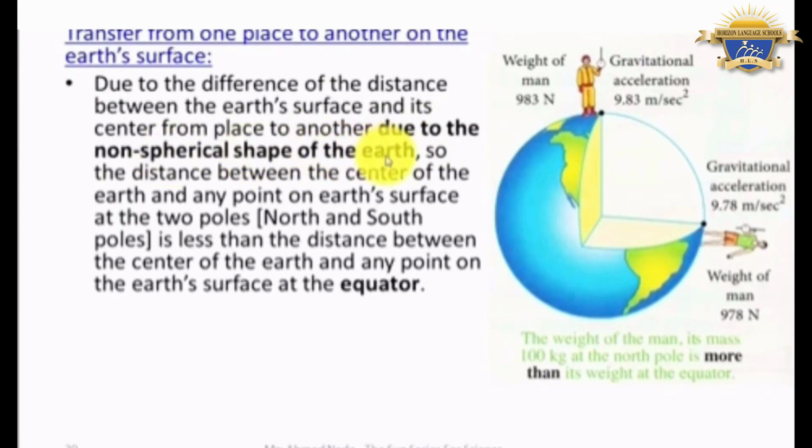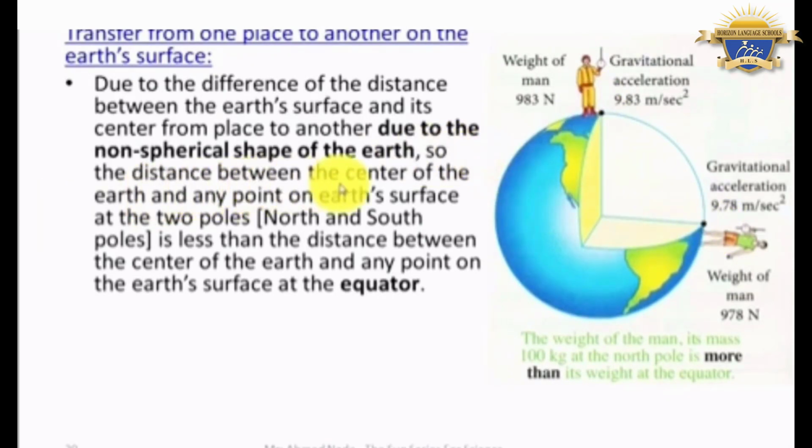So the distance between the center of the Earth and any point on the Earth's surface at the two poles, north and south, is less than the distance between the center of the Earth and any point on the equator. This distance is at the pole and this is at the equator, so this distance is less than this distance.